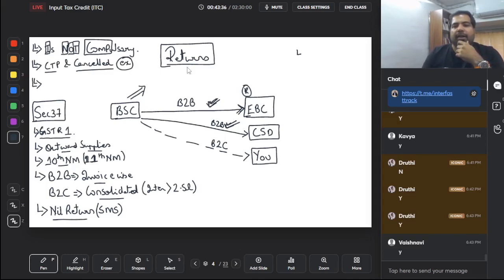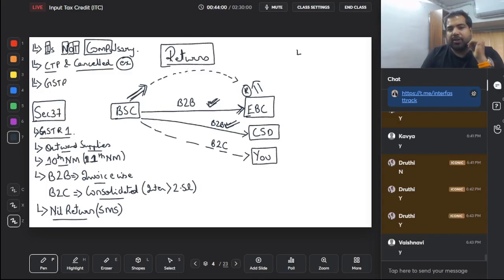Next, guys, whenever battery supply company tells the government that I have supplied, this data gets auto-populated with electric bike company. Auto-populated means electric bike company on their website or their GST portal, it will reflect that battery supply company has told us that you have submitted or you have bought these batteries. So does it get auto-populated?